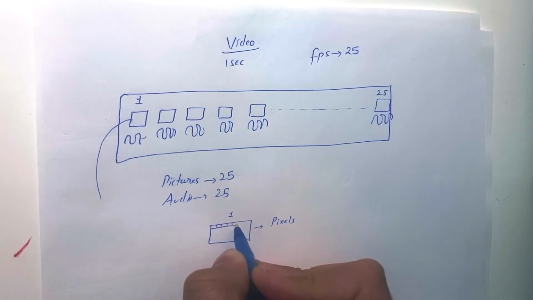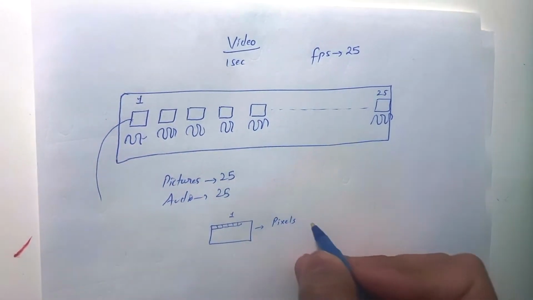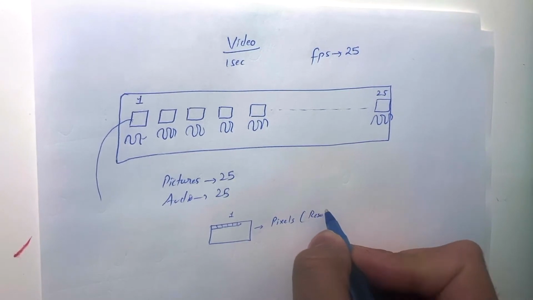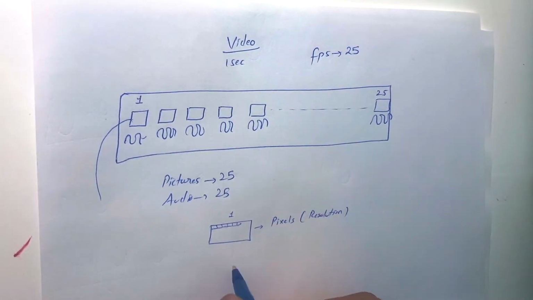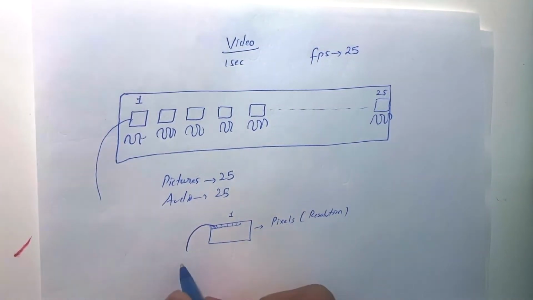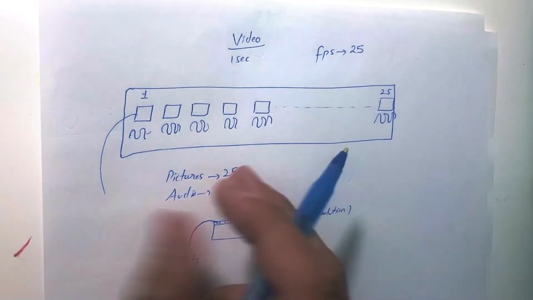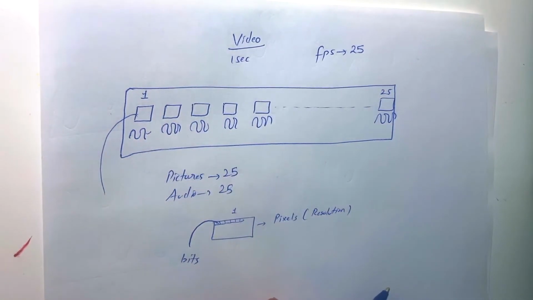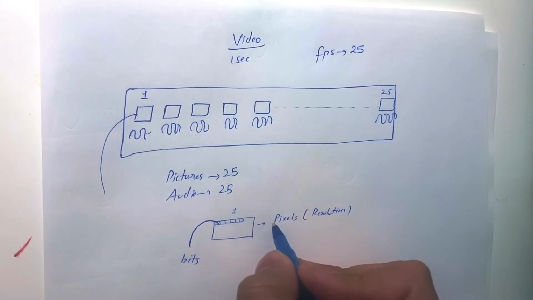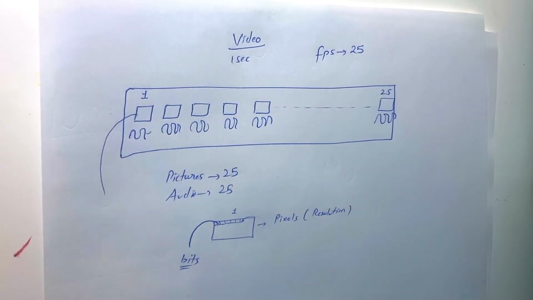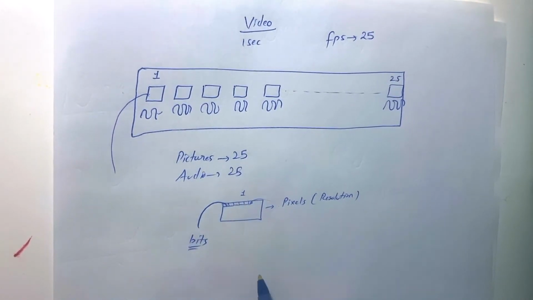The picture is basically made of pixels, which is based on the resolution. And each particular pixel will be made of bits. So this picture is made of pixels, like these small boxes, and each pixel will be made of bits. Similarly, let's check it out.